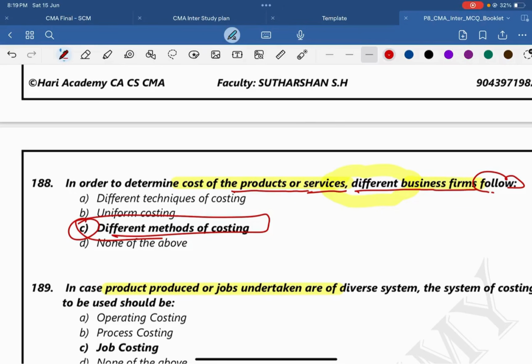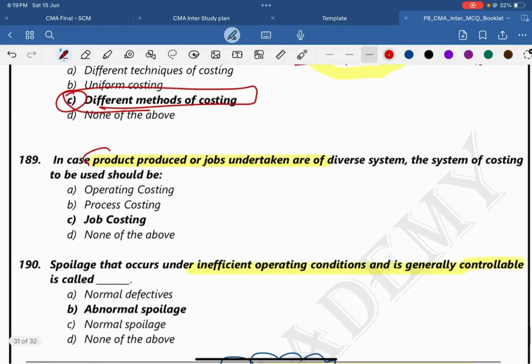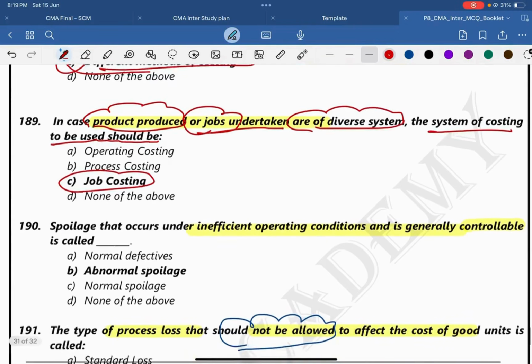So if you come across any wrong answer which I have marked, just comment below. We will give an explanation and clarification. 189: in case products are produced or jobs undertaken are diverse, the system of costing that should be used is job costing. Very simple. Jobs are undertaken based on job costing.